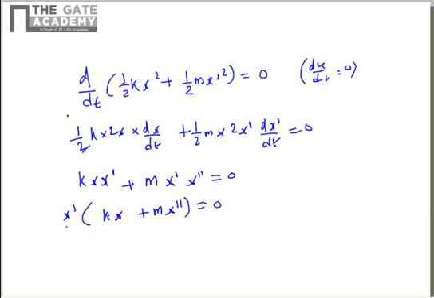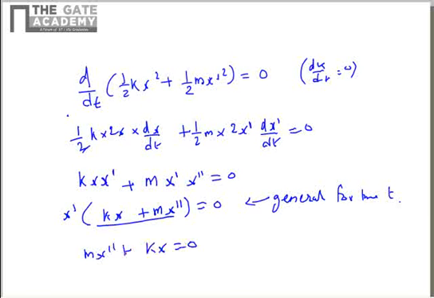Now the quantity x dash cannot be 0, because x dash is 0 only at the extreme position, but this expression is a general expression for any time instant t, not just for the extreme position. So hence the quantity inside the bracket should be 0. So we get mx double dash plus kx equal to 0.